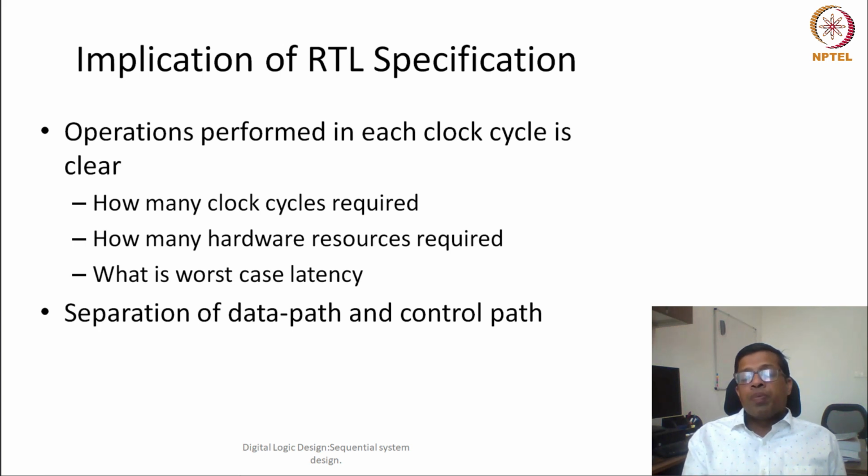Now not only clock cycles, but because we know what all operations there are, whatever hardware is required to do those operations is also known, those hardware resources are also known. For example, if the arithmetic operations are addition, multiplication, comparison, then we clearly know how many adders, how many multipliers, how many comparators would be required.